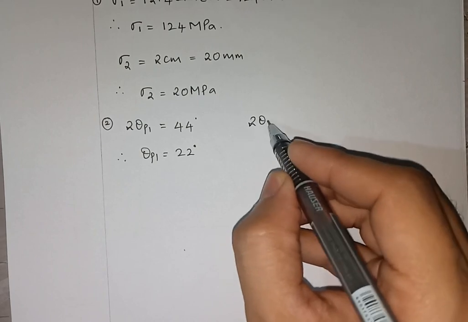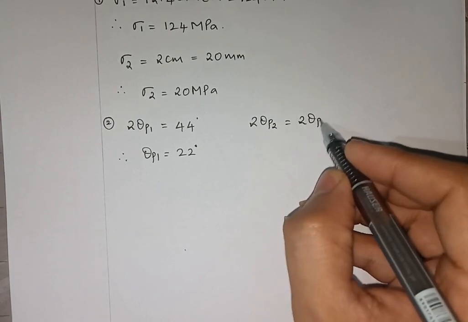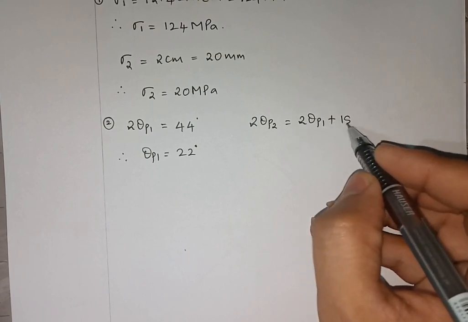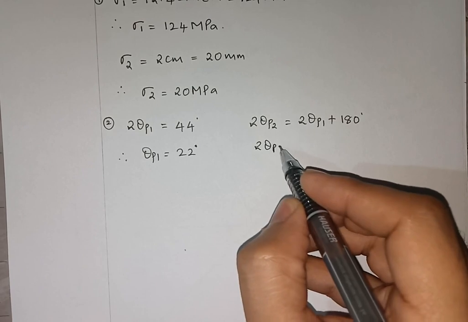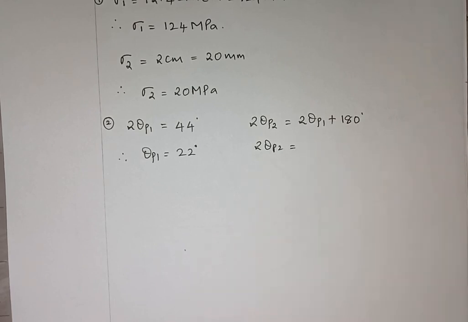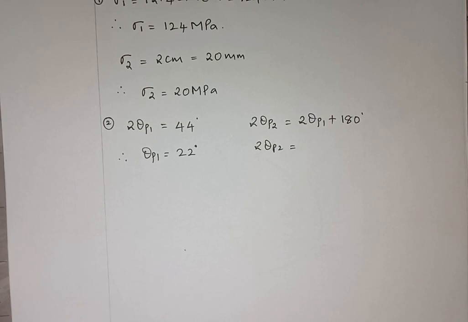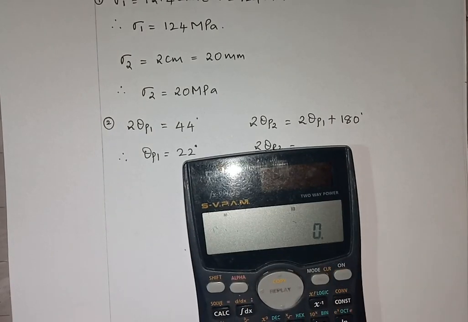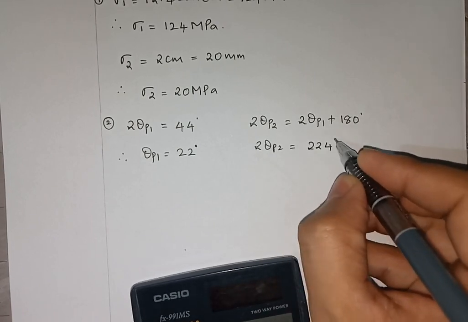2 theta p2 will be equal to 2 theta p1 plus 180 degrees. So 2 theta p2 will be equal to how much? 44 plus 180. So it is 224 degrees.